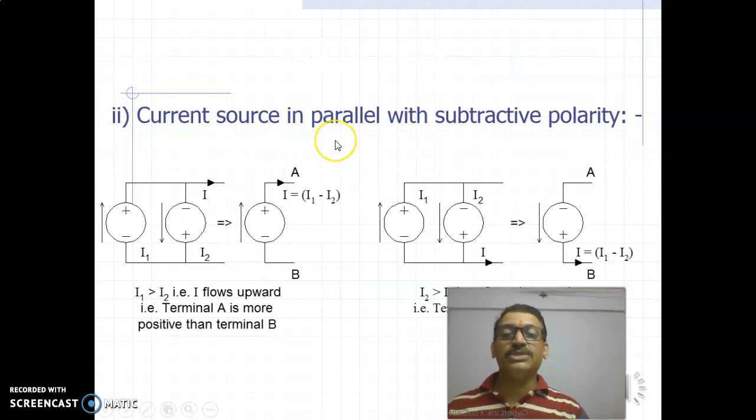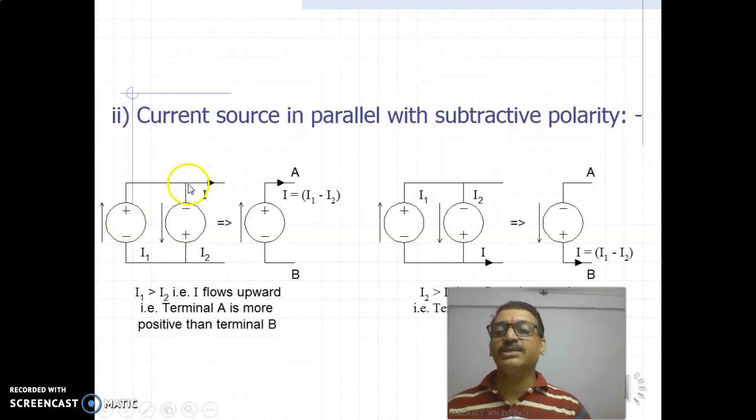Okay, now let us take the next one, the last one. Here again the current sources are connected in parallel, but it follows the subtractive polarity. Subtractive polarity, how? Here the current sources are connected in parallel, so same. But here I1's orientation is upward, I2's orientation is downward. So let us consider node A. Here at node A, I1 is coming, whereas from node A, I2 is moving away.